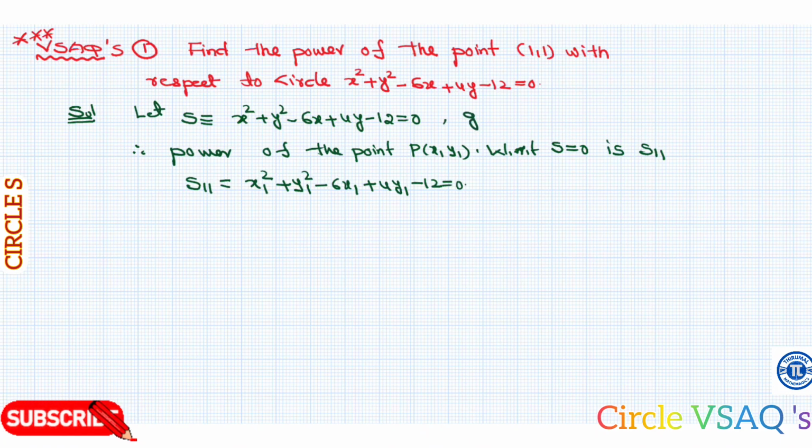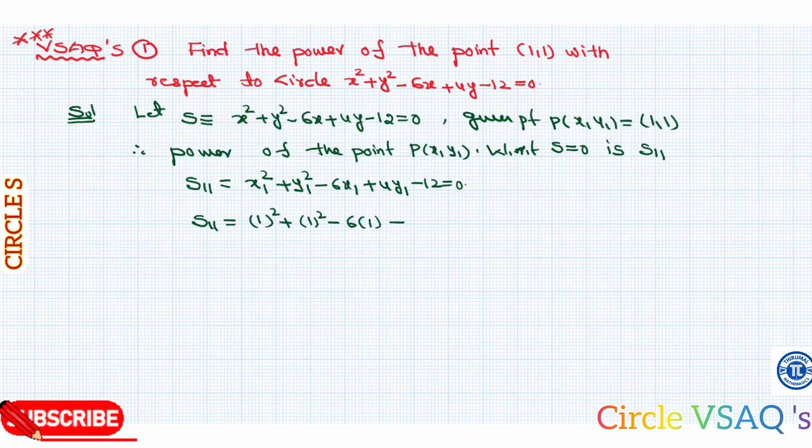Okay, here the given point P(x1, y1) is equal to (1, 1). Here x1 and y1 both are equal to 1. Substitute in the above notation, then we get the power of the point: 1 square plus 1 square minus 6 into 1 plus 4 into 1 minus 12, equal to 1 plus 1 minus 6 plus 4 minus 12.